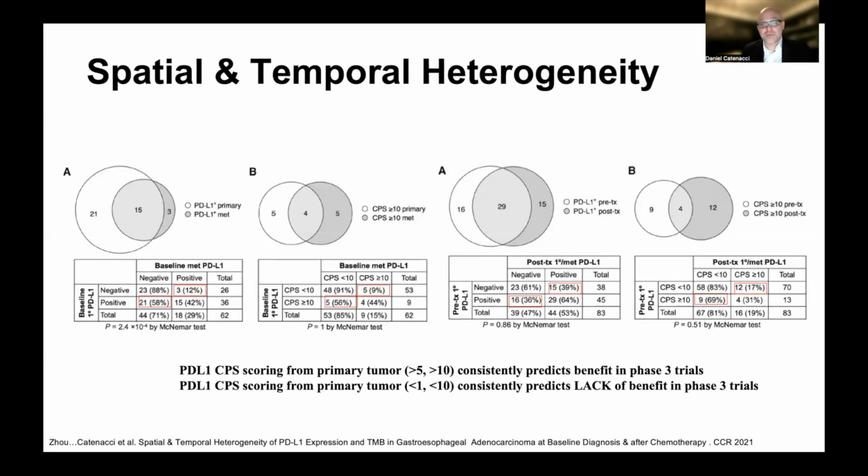Again, I'm going to really highlight that despite all of these issues with PD-L1 as a biomarker, in every study that's looked at PD-L1 CPS scoring, it's always very predictive when it's scored properly by central pathologists. And so our goal should be to ensure that pathologists are scoring this properly and that patients are being seen by centers that have understanding of this and that are evaluating this biomarker appropriately.